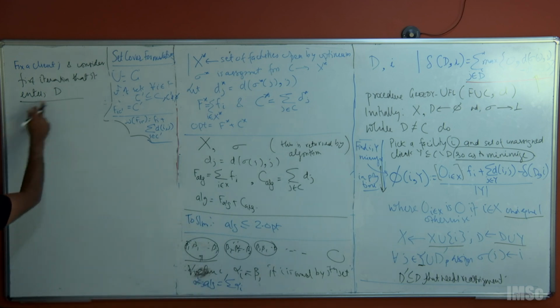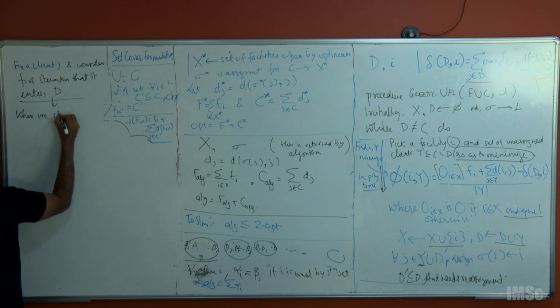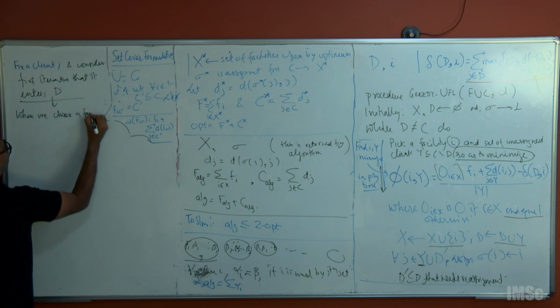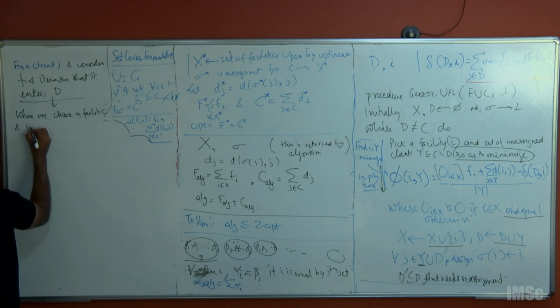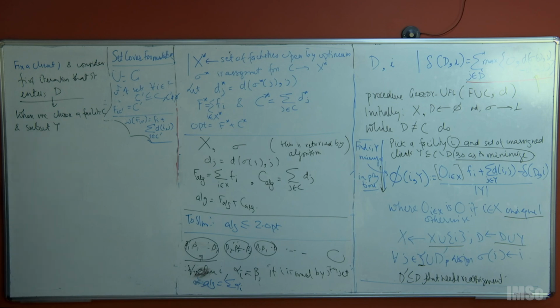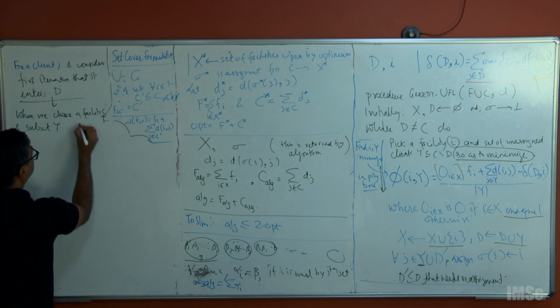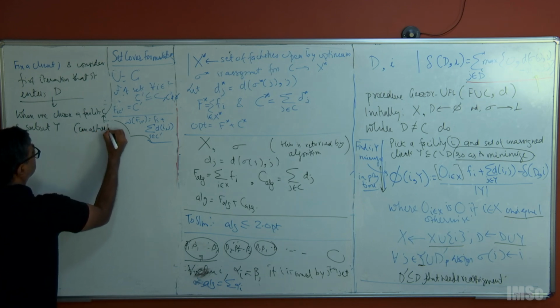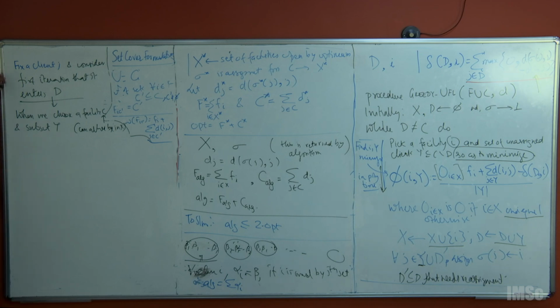And what is its pay? So if it enters D, this happens when we choose a facility I and a subset Y, and this can already be in X. So when the first time it enters, you find that Y there, which is uncovered, and some facility that you want to map it to.